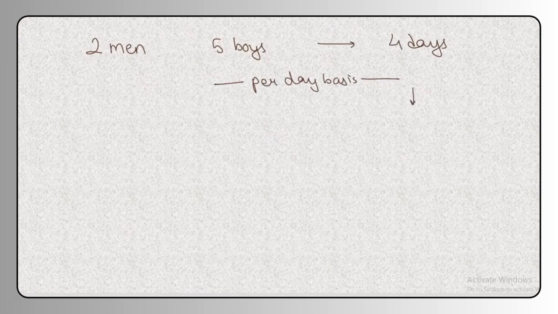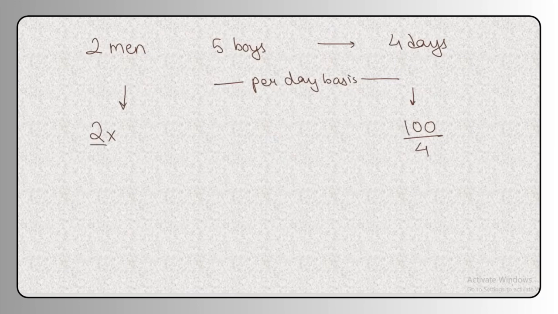That we have already calculated. It is 100 upon 4. Okay. Then let's ask ourselves how much is the amount of work that is done by 2 men on that given day. 2 men have done the work as per their rate for that day.